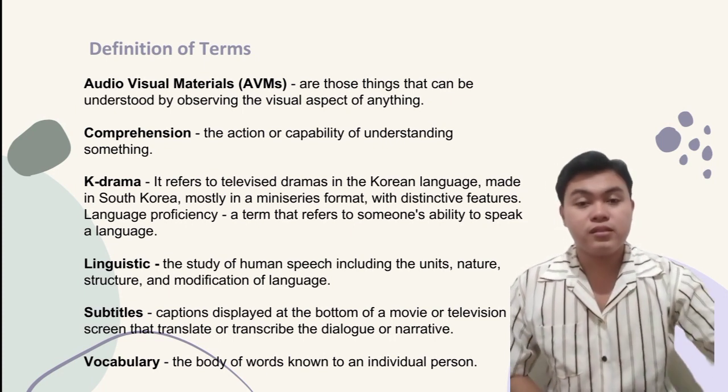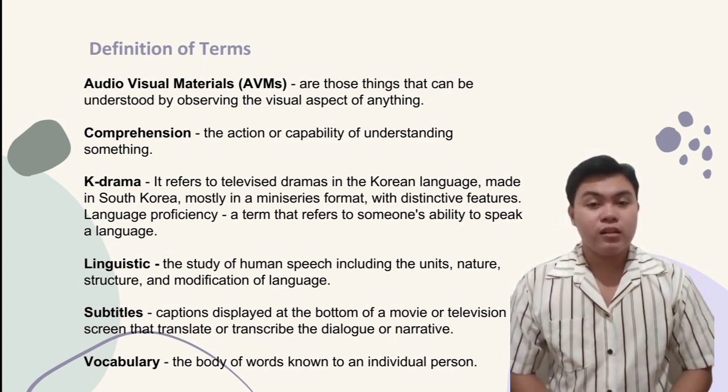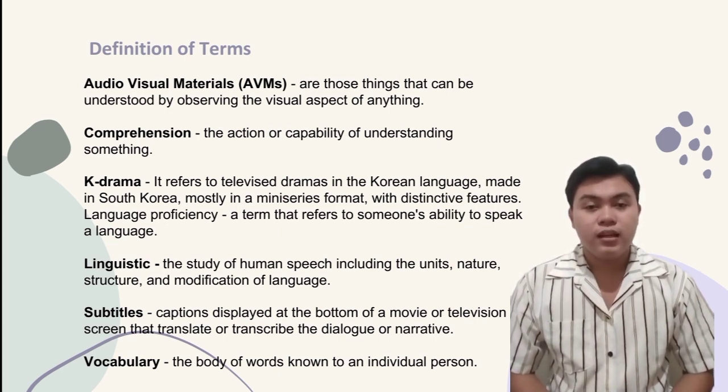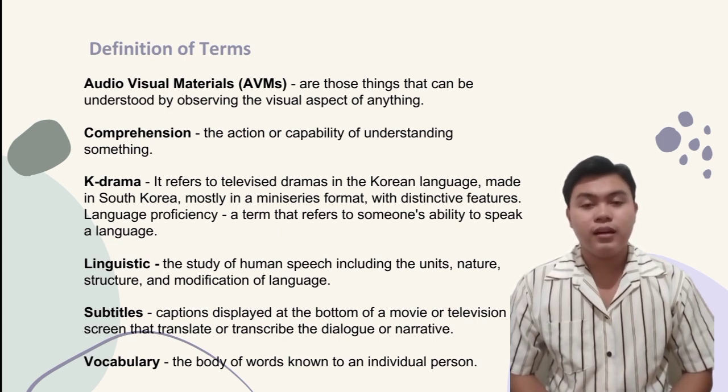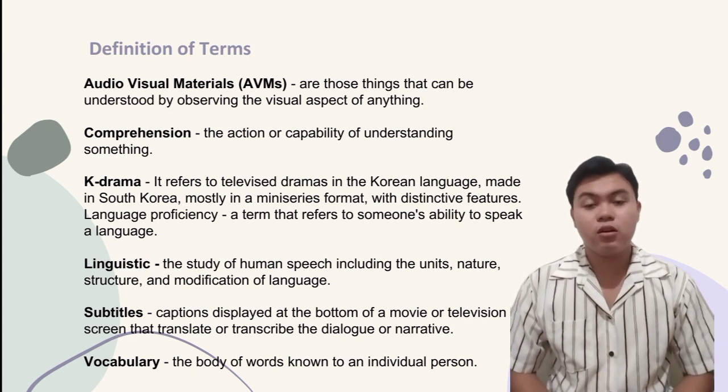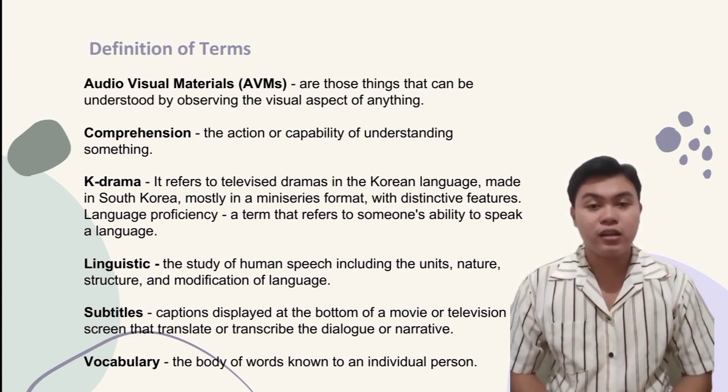Definition of terms. Audiovisual materials, or AVMs, are those things that can be understood by observing the visual aspect of anything. Comprehension, the action or capability of understanding something. K-drama, it refers to televised dramas in the Korean language made in South Korea, mostly in miniseries format with distinctive features.